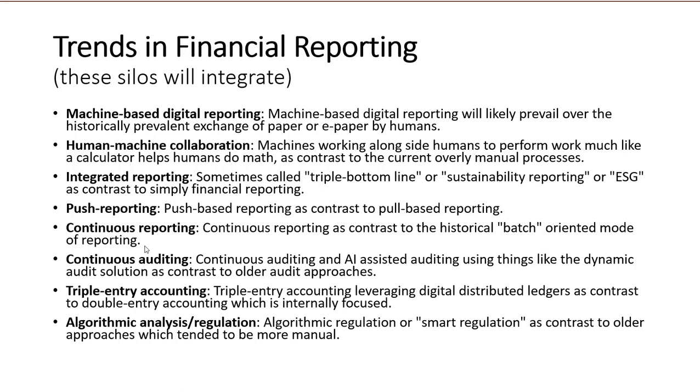So the notion of continuous reporting, as contrast to the typical batch-oriented reporting of the past, I'm not sure. It's kind of like more on-demand type reporting when you're looking at a comparison of creating a financial report to a manufacturing process.